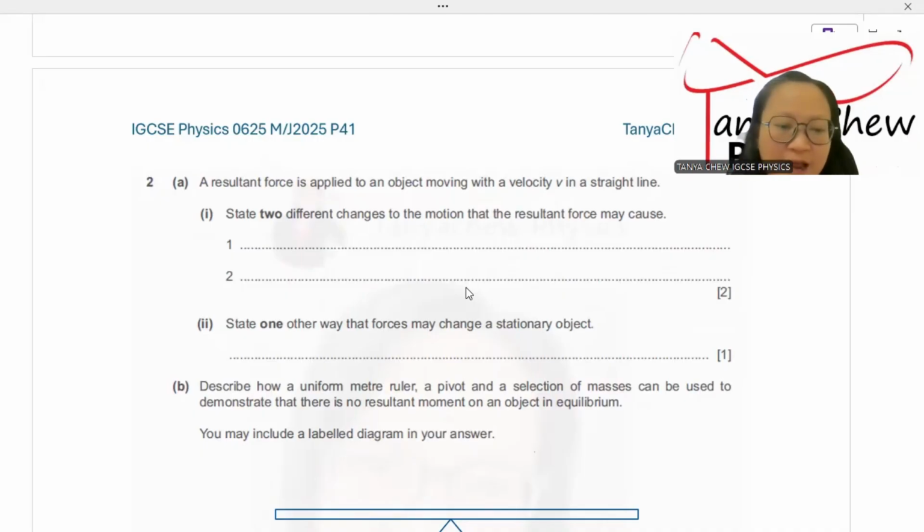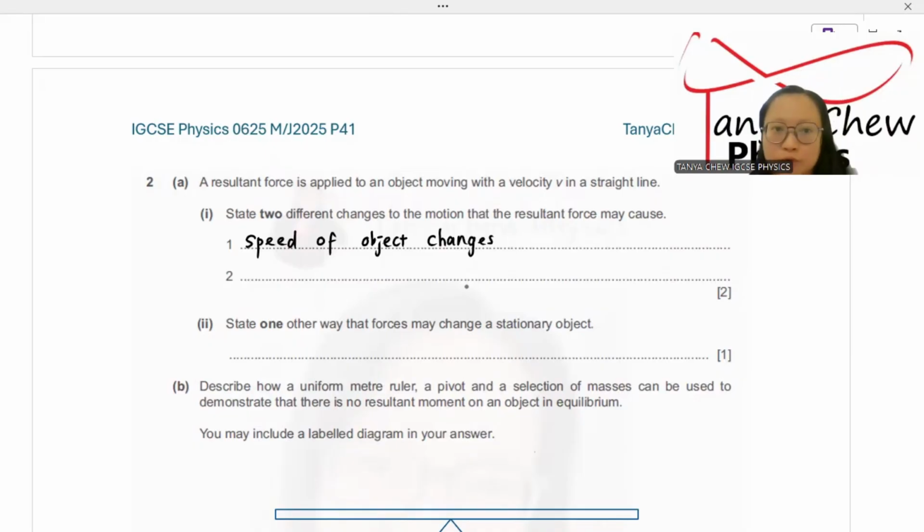I would say that it will cause the speed of the object to change. This is one of the changes.